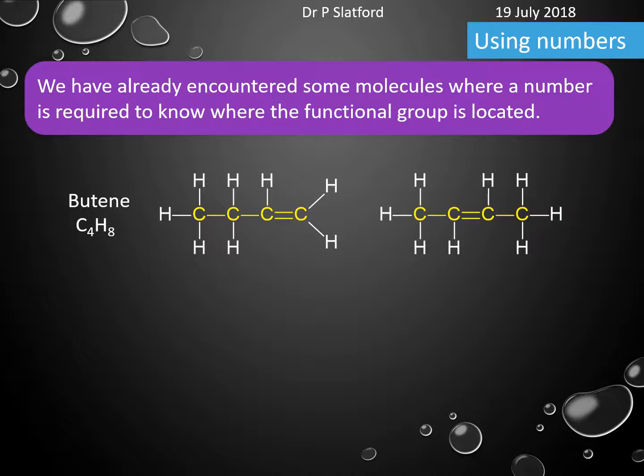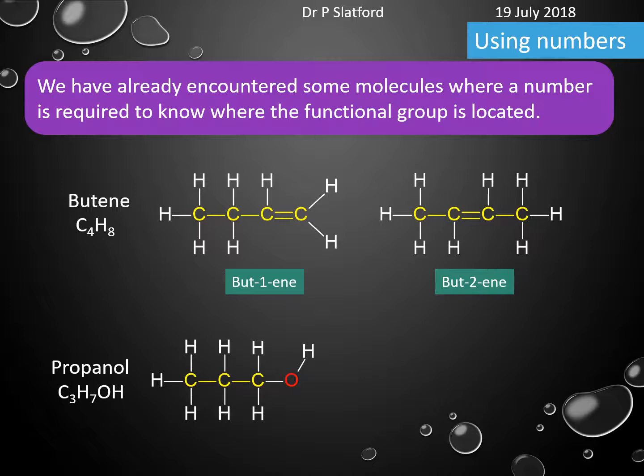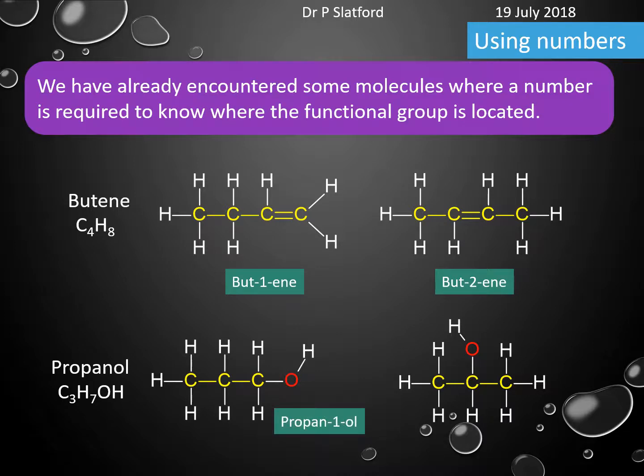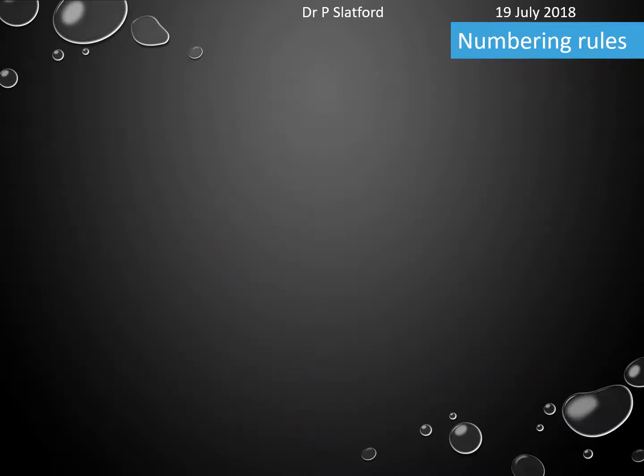Well, this is also butene, and I've also said in one of my previous videos that this is actually more correctly but-1-ene, and this is but-2-ene. This is propanol, but this is also propanol, and I've said before that this is more correctly propan-1-ol, and this is propan-2-ol. So where do the numbers come from?